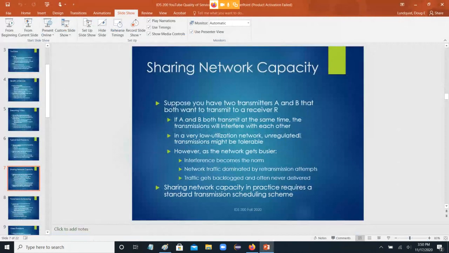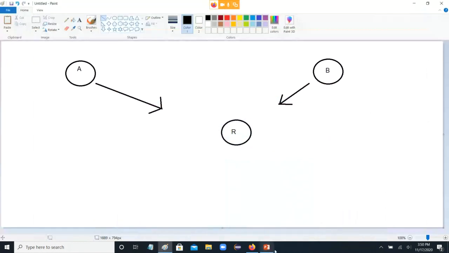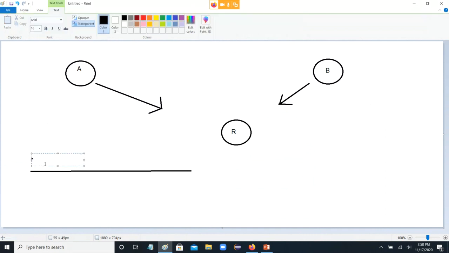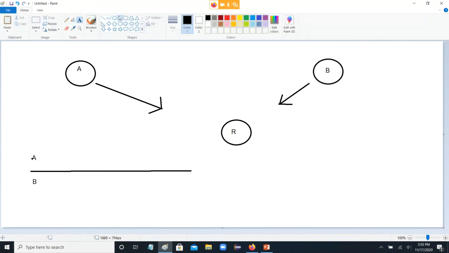Okay, so if A and B both transmit at the same time, the transmissions are going to interfere with each other. So we can understand, suppose A is trying to send out, so I'm going to draw their signals here. Here's A, here's B. They're both sending out some kind of signal stream. It's going to be, you know, basically a sequence of ones and zeros.